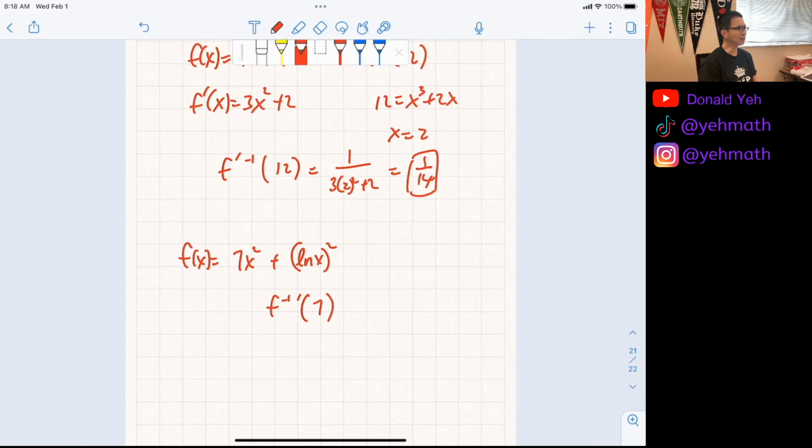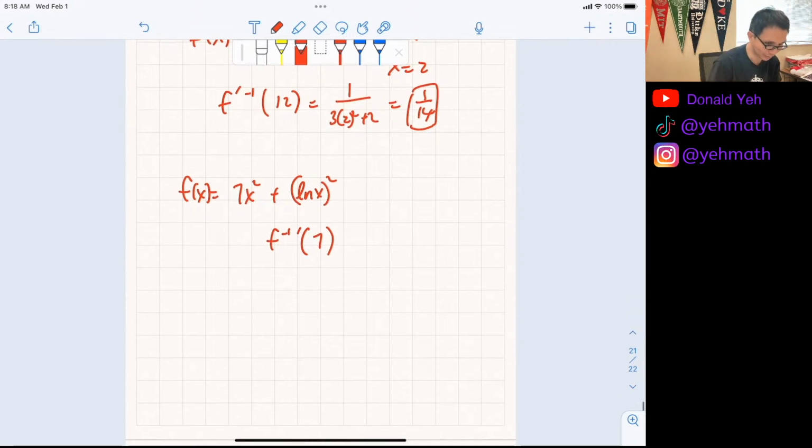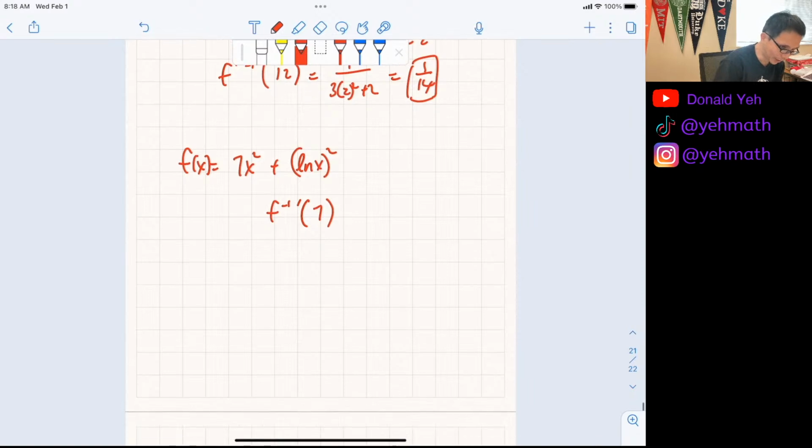Same thing? 1 over 14? Same answer? That's crazy. Okay, let's take a derivative of this. It's 1 over 16. Wait, oh, you said derivative, right?